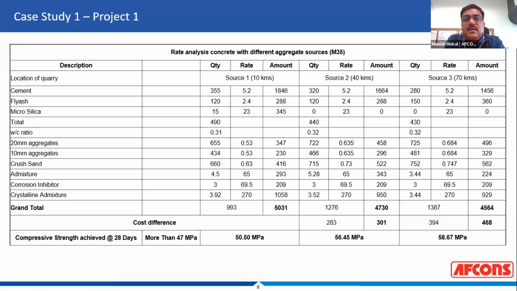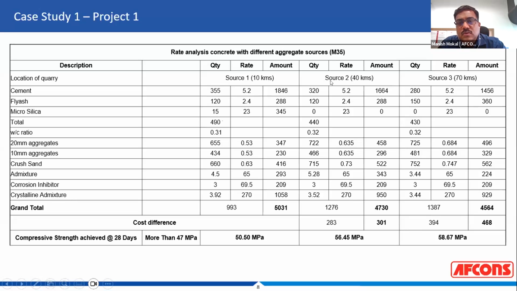Now, when we did our mix designs for an M35 grade concrete, this project also had an M60 and an M70 grade, but we started with M35 just to show the project manager what can go wrong. So when we did these trials with source number 1, we required 355 kg cement, 120 fly ash, and we had to add, surprisingly, 15 kgs of microsilica even to get M35 grade concrete, because the aggregate was so poor that we were just not getting the strength.